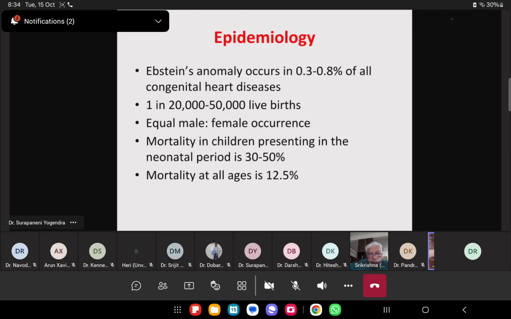In Danielson's operation, the mobilization is done and plication of the atrialized ventricle is in a transverse fashion, and then the septal and the posterior leaflets are lifted to the true AV groove level by projected sutures and plication sutures of the atrialized portion.